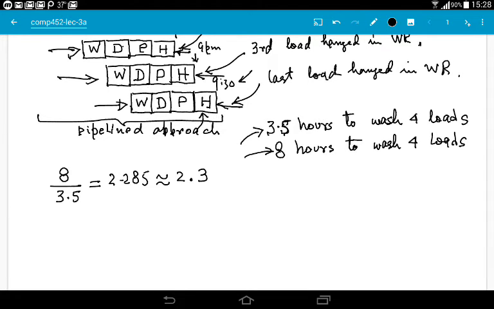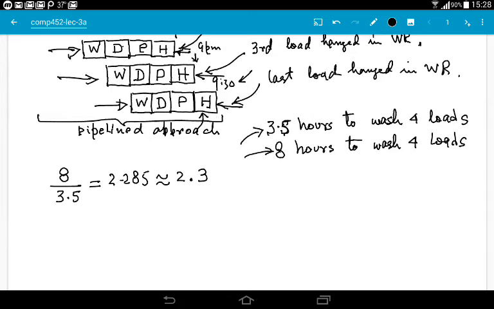So we have an improvement by a factor of 2.3. Now it's taking 2.3 times less time than it took in single cycle operation.